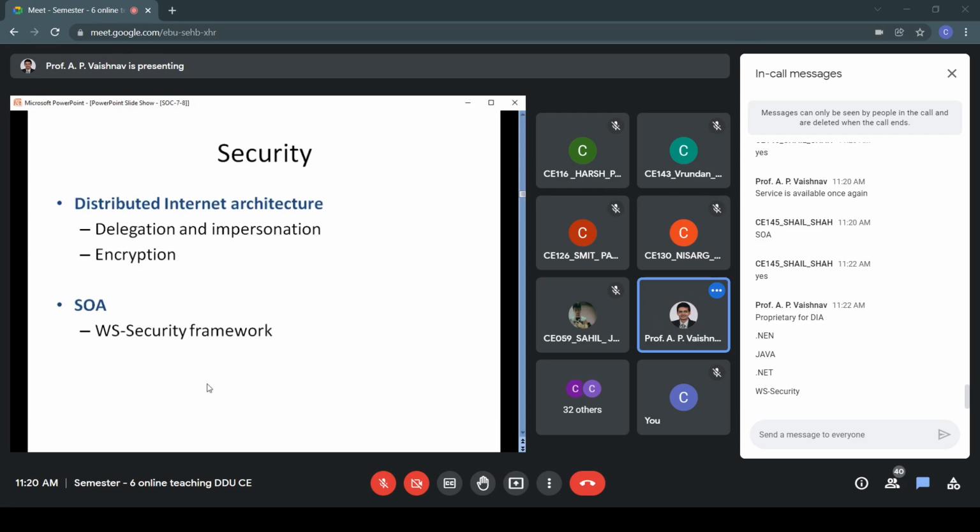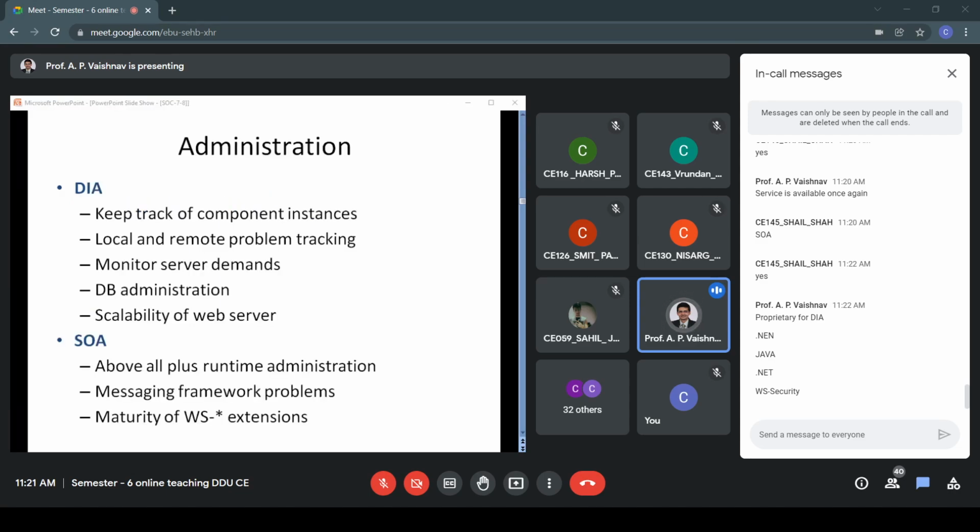Next, we compare the administration aspect, right? So in case of administration, distributed architecture keeps track of component instances, right? As there are multiple components, right? So you might be creating multiple instances. It is just like we create object for classes.